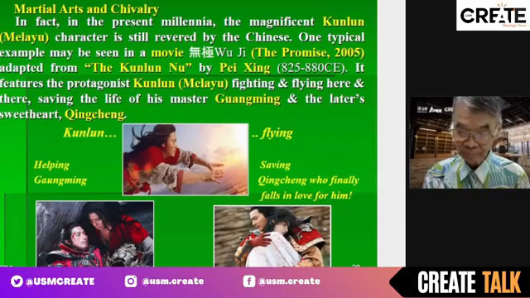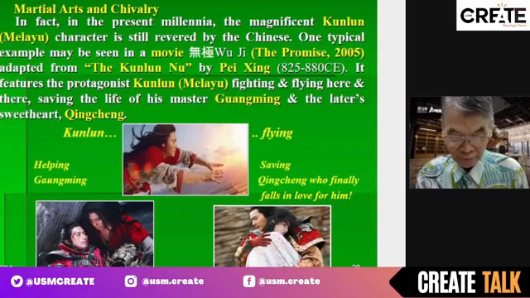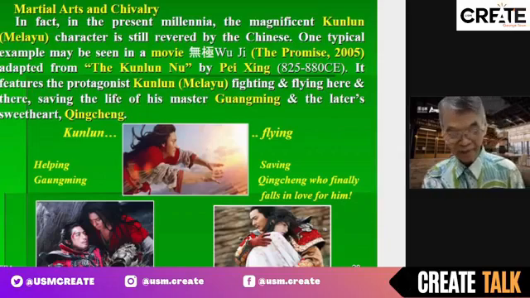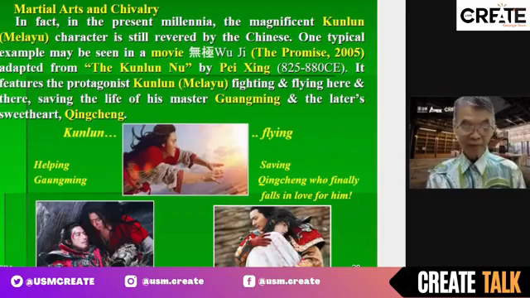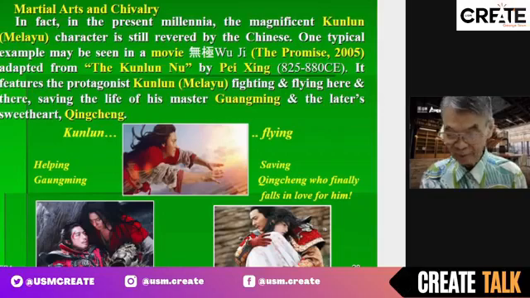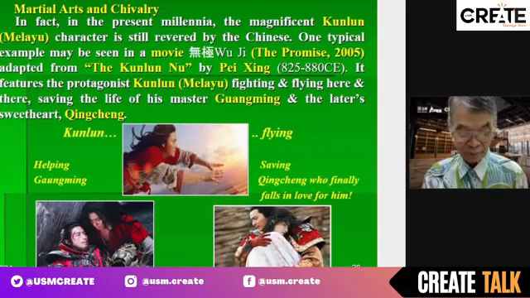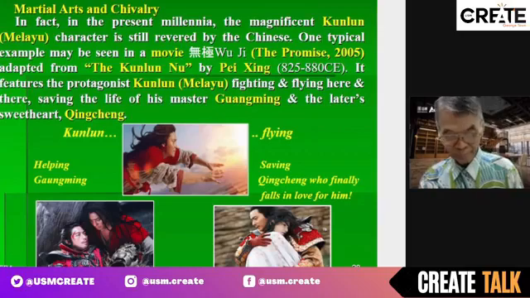It features the protagonist Kunlun fighting and flying here and there, like Mole, a Malay, saving the life of his master. This time the master's name is Guangming, and the latter's sweetheart is named Ding Ching. So now I managed to secure for you to see this very dramatic story of Kunlun flying here and there at the top.